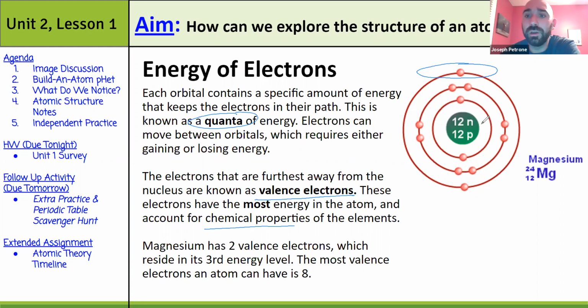So we see the orbital that is the furthest from the nucleus has these 2 valence electrons, or we can look at the periodic table and determine that being magnesium has the configuration of 2, 8, 2. This last number indicates how many valence electrons we have.